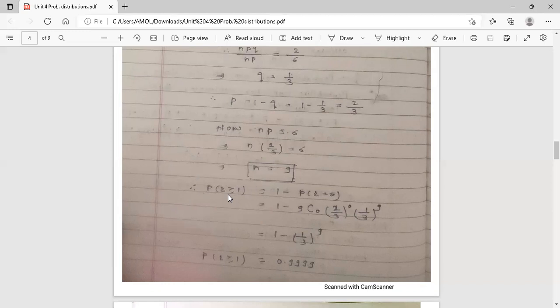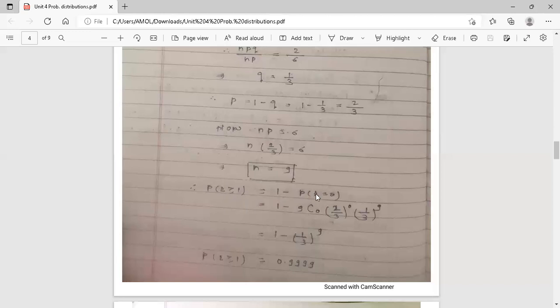So if we subtract the probability of r is equal to 0 from 1, minus probability of failure is equal to probability of success, because our success is probability of r greater than or equal to 1. So to calculate this probability, you use the formula 1 minus probability of failure. And what is the probability of failure for r greater than or equal to 1?